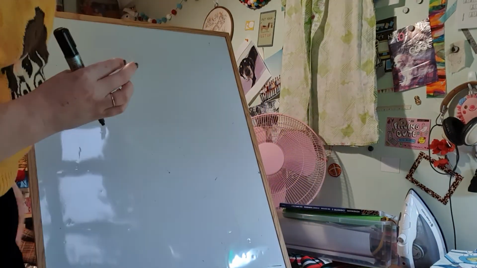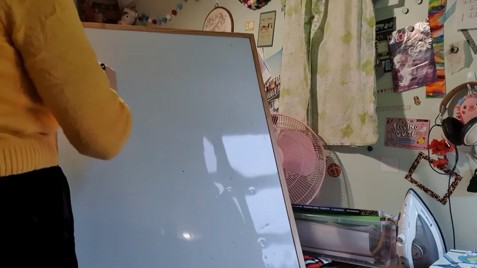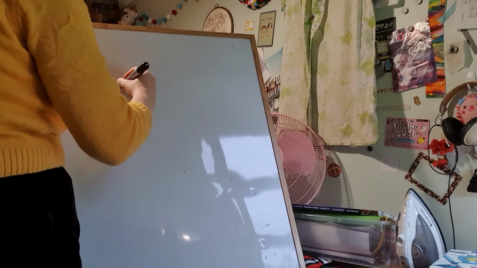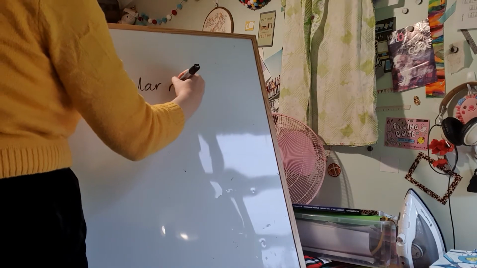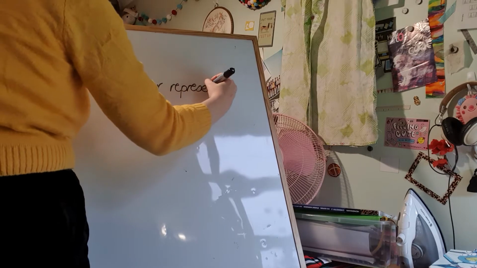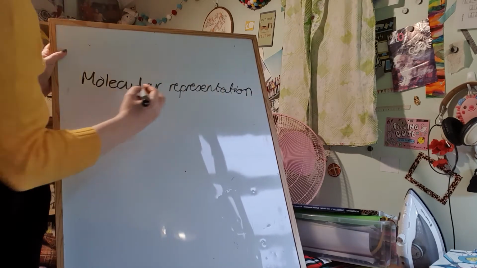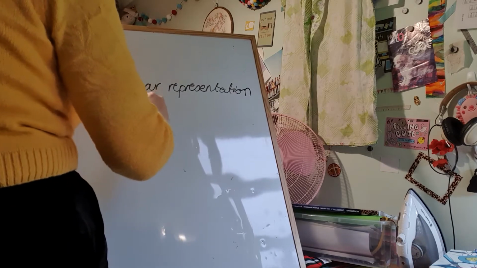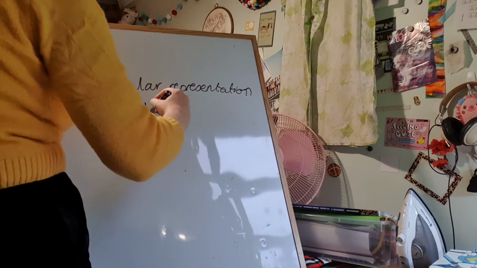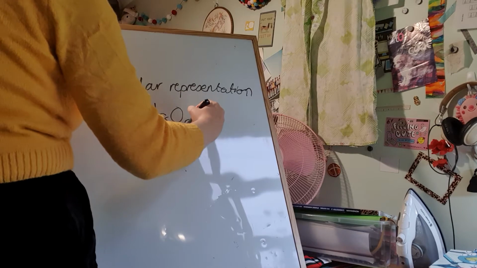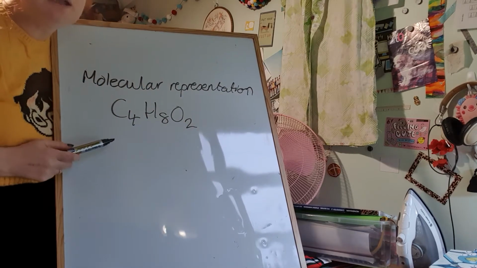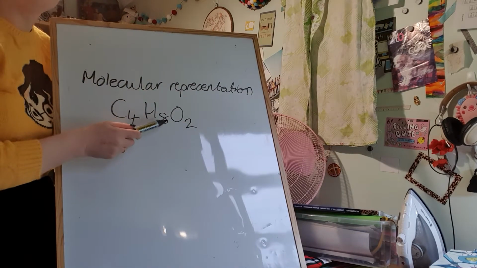So the first one we have is our molecular representation. And that's just how many carbons, hydrogens, and oxygens are in there.